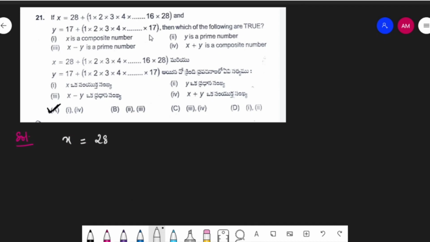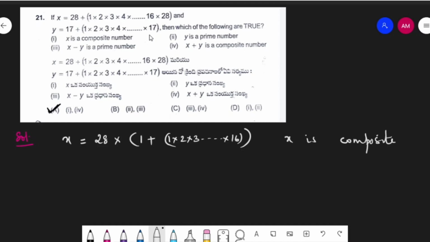So we can write it as 28 into 1 plus 1 into 2 into 3, so on up to 16. Since we have 28 is one of the factors of x, x is composite. X is a composite number.